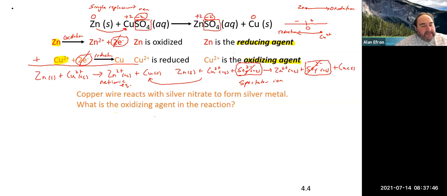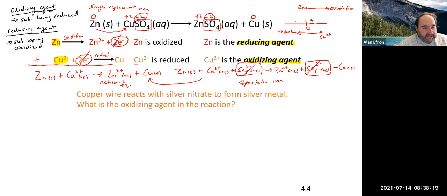When you're asked what is the oxidizing agent, the keyword there, that is actually the substance that is being reduced. And if you're asked what is the reducing agent, that is the substance that is being oxidized.